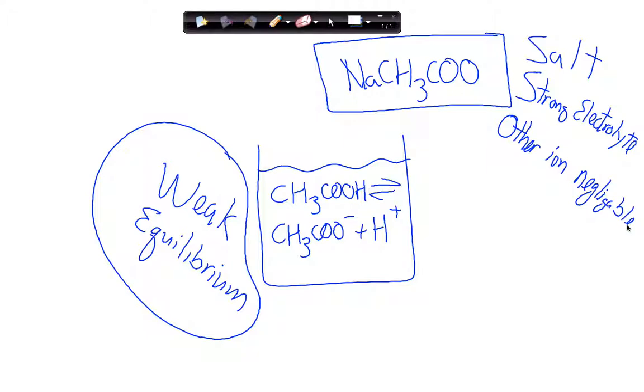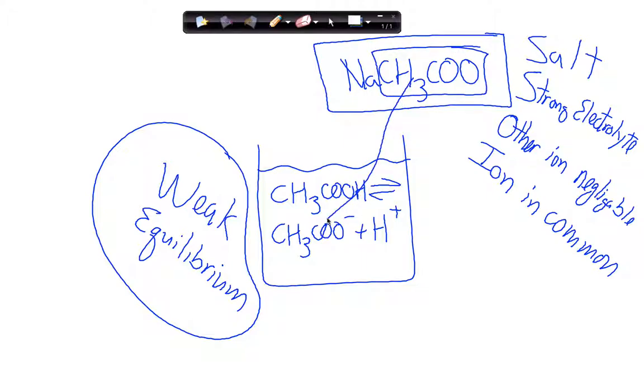But guys, importantly, it will have an ion in common. So this ion is this ion, and it has an ion in common. Just a moment. So guys, once you've had a chance to get all this pulled together, I want to field questions.